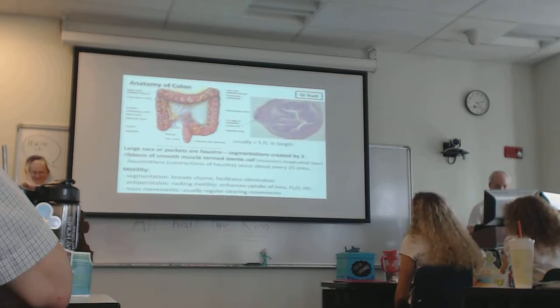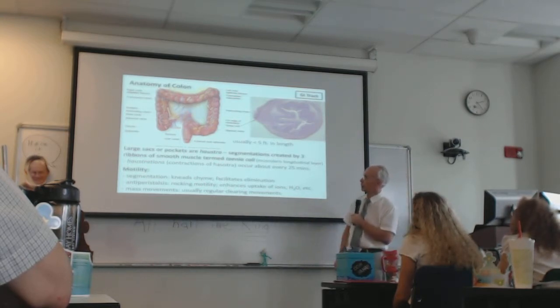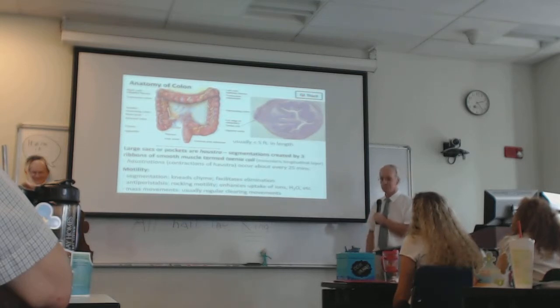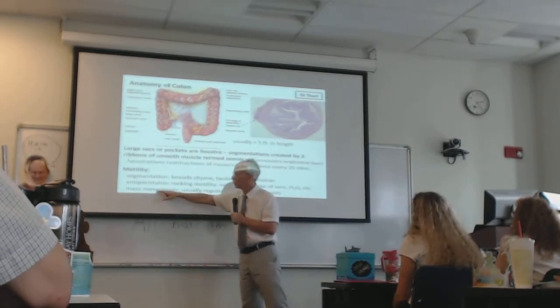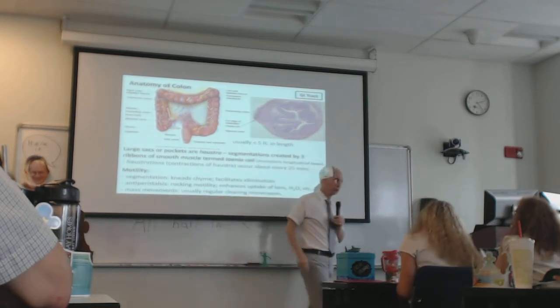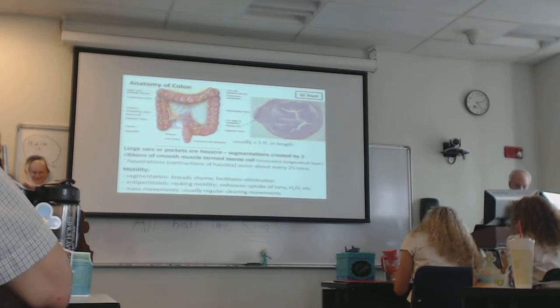And of course, we talked about the migrating myoelectric complex. Eventually, all of that stuff that moves from the mouth, esophagus, stomach, and the intestine ends up in the colon, and it often stays there for a while, especially with our modern lifestyle. But the clearing motility as it occurs in the colon is called a mass movement or bowel movement. That's usually what we mean by the clearing motility.